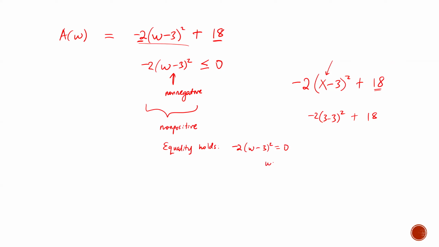You solve this, you end up with W is equal to 3. So W is equal to 3 is actually the case when we have maximum area. And it's maximum because whatever number you put here that's not 3, you're always going to be reducing on the 18. I hope that makes sense.